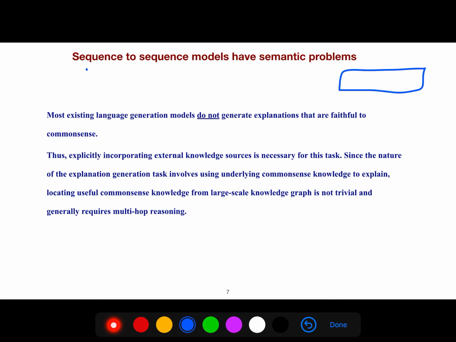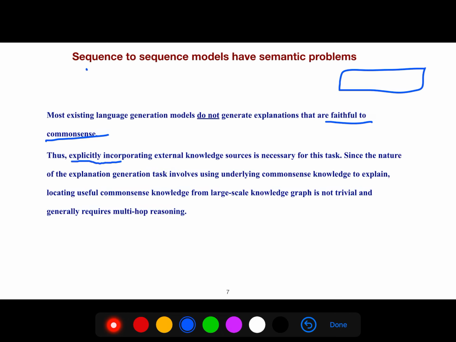So those simple paradigms have many problems. Most existing language generation models do not generate explanations that are faithful to common sense, because they ignore the semantics. So they should integrate abstract meaning representation, AMR formalism for example, to have a better understanding of which part is semantically related to what question.